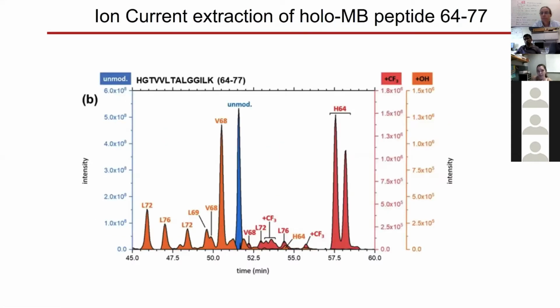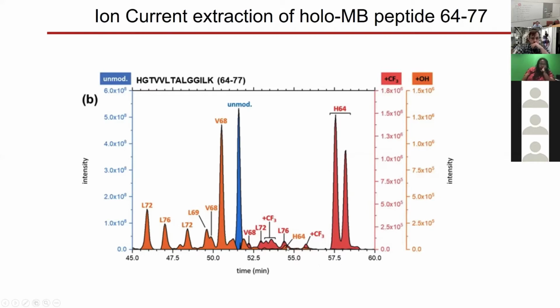So here's another example of an extracted ion chromatogram for a different peptide from holo myoglobin, and again we extracted for OH and CF3 products. It's a superimposed spectra here again. So you see the unmodified peak, and you see all peaks which have been labeled by OH and peaks which have been labeled by CF3. You can see here the predominant peak in OH is valine 64, and for CF3 it's actually a different residue, a histidine.